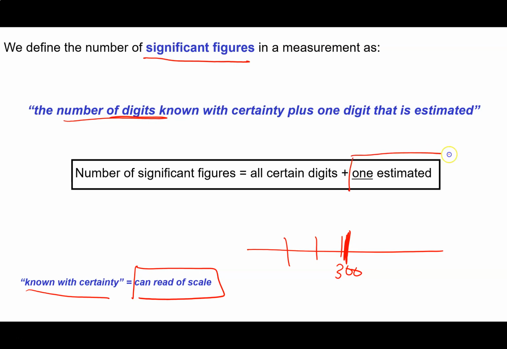And then one and only one estimated digit. So you can't do, in that other case, 300.056789, because we're guessing way too many digits there. We're going to say that you can guess one digit and only one. So we can go one increment smaller than the smallest division on the scale.